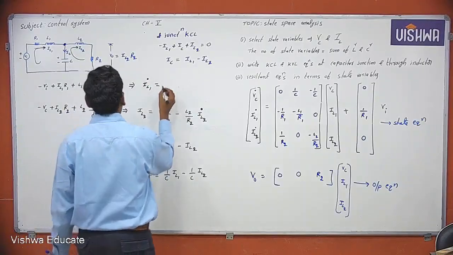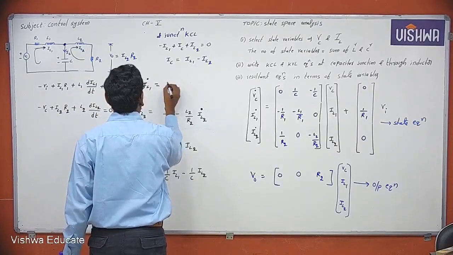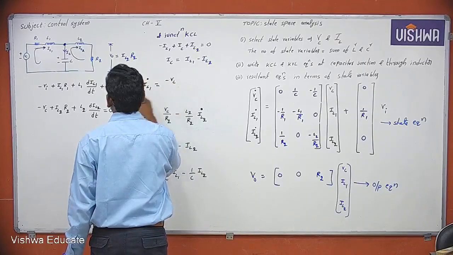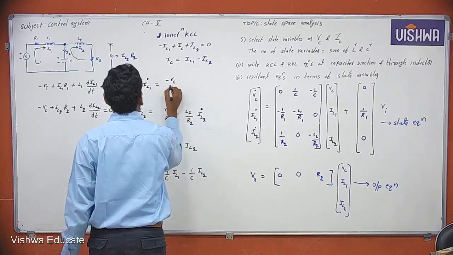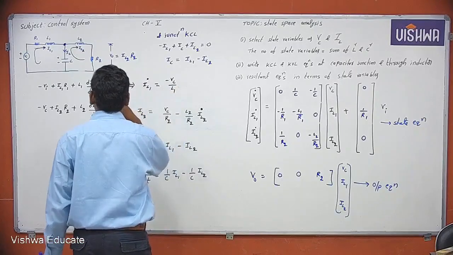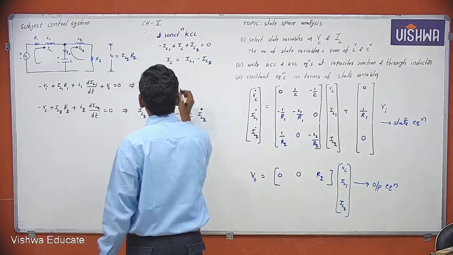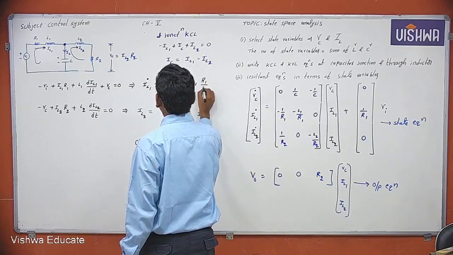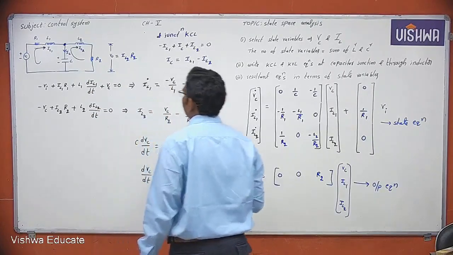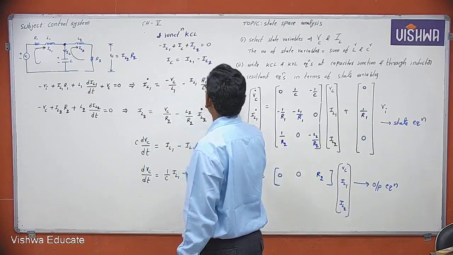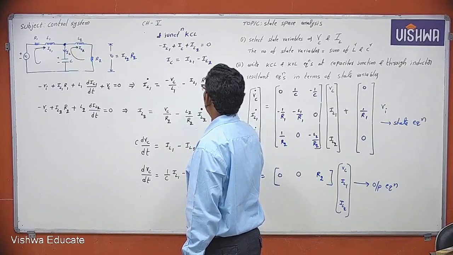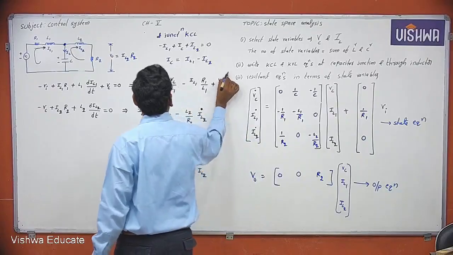IL1 dash is nothing but minus Vc by L1, minus IL1 into R1 by L1, now plus Vi by L1. This is IL1 dash.